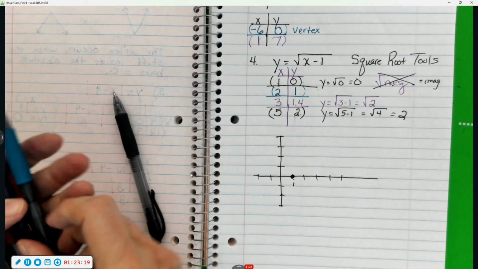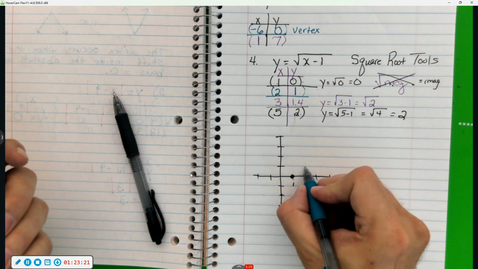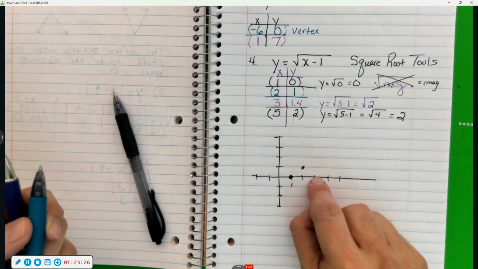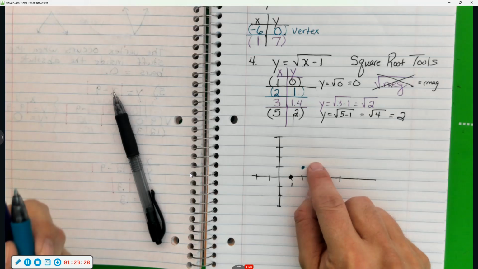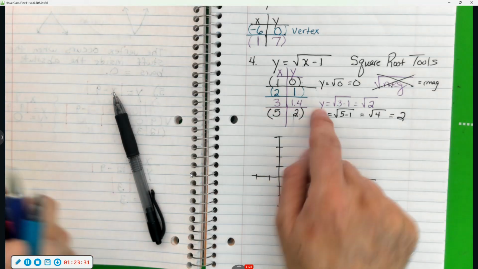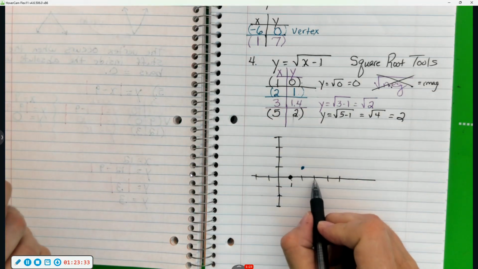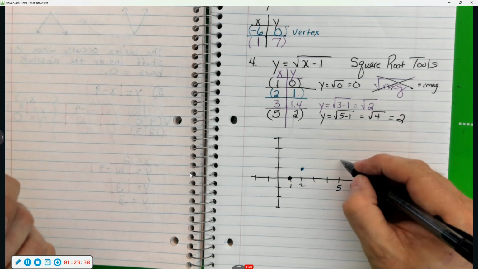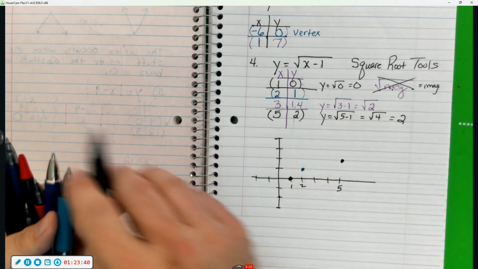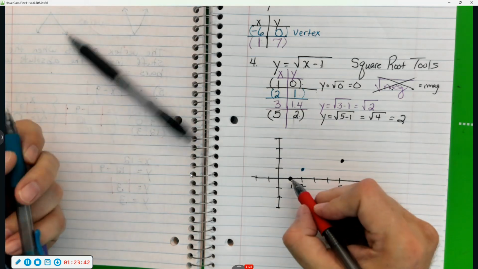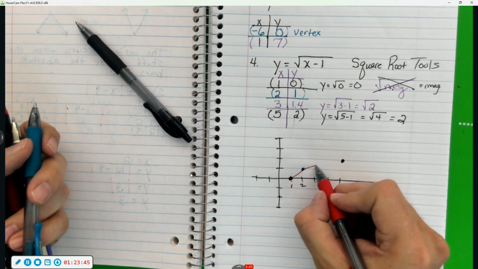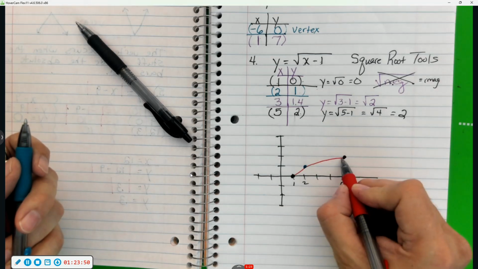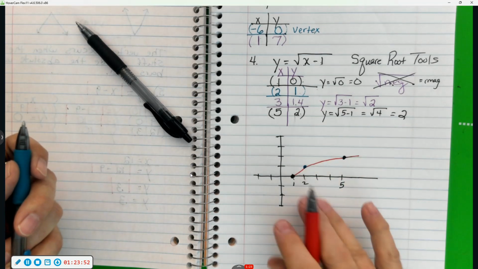Then right 2 up 1. Right there. And if you want to go right 3 up 1.4, okay, I'd skip that, and go to right 5 up 2. If we just started connecting these dots, it's going to keep going and going, slowly up.